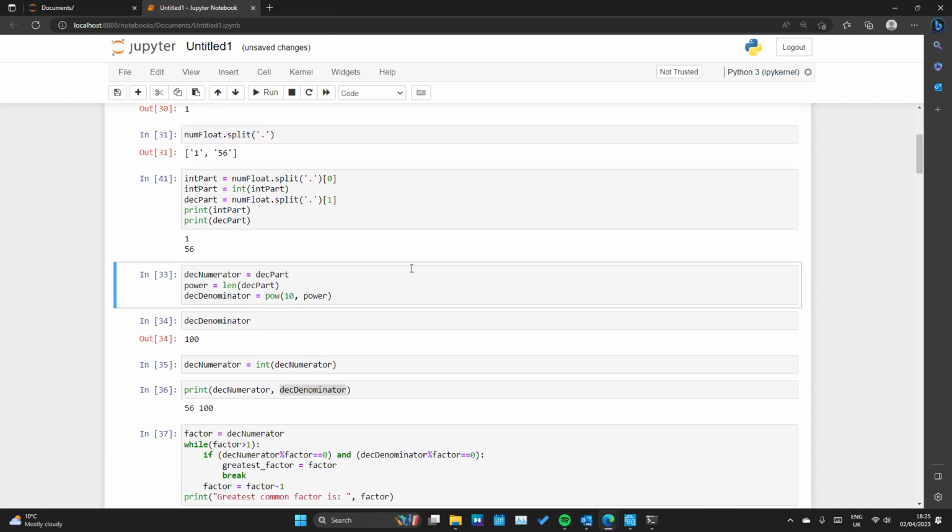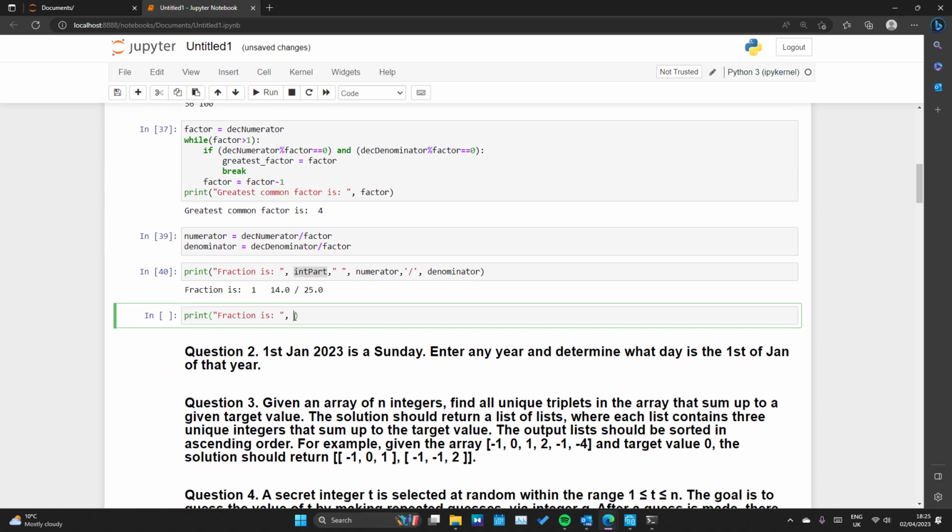Okay, so I ran that one, and now I can simply calculate the numerator. So that's going to be denominator multiplied by the int part added to the numerator.